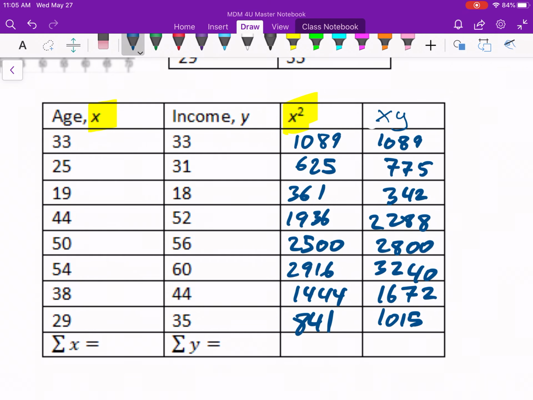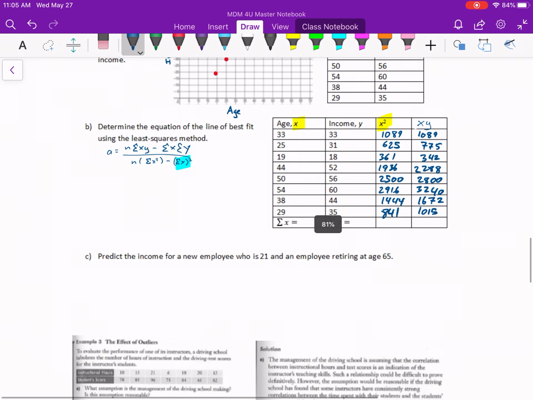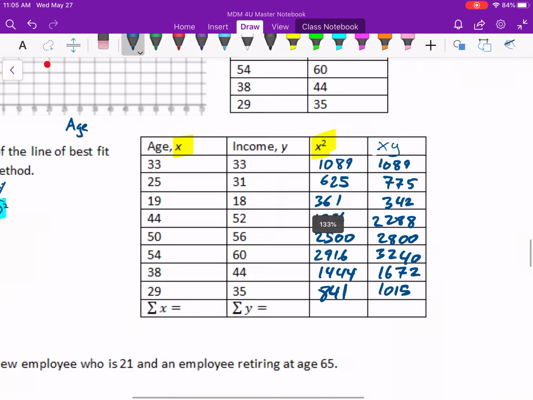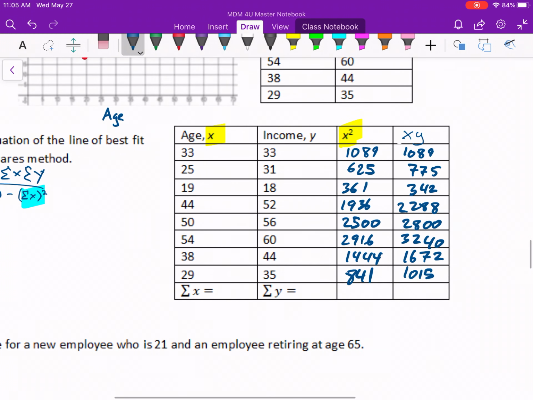Looking at the formula, I can see that we don't need y squared, but what we do need is xy. The first number is still 1089, but it's not from squaring the y as I was thinking. It's from doing 33 times 33. So it's the same. We still end up with 1089, but this next one comes from doing 25 times 31. My apologies. If you caught that, good on you. If not, don't worry about it, and let's move on.